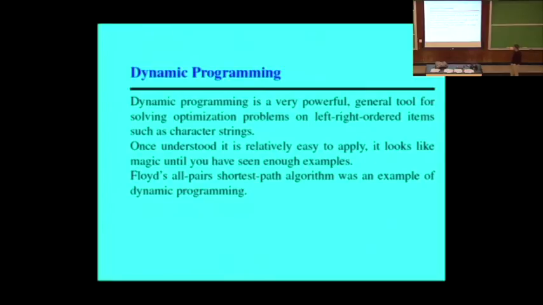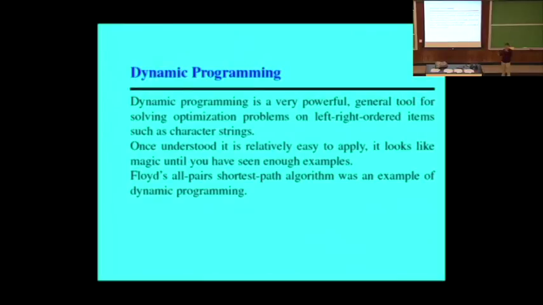And what dynamic programming generally is, if you want to know how you recognize a dynamic programming problem, they tend to appear a lot on problems where the state of what you're doing, where the objects that you're working on kind of have a left-right order to them. Okay? Character strings tend to have a left-right order to them, right?